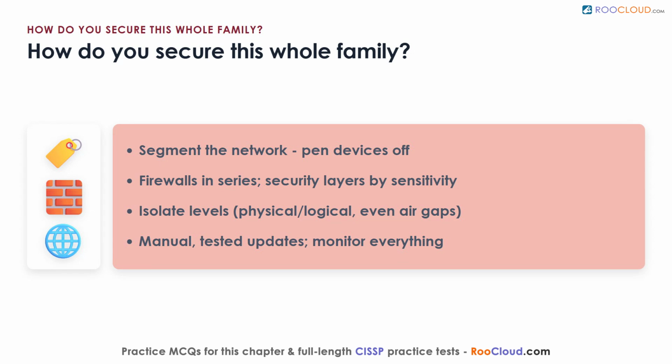Group devices into security layers by sensitivity and use physical or logical isolation, even air gaps between levels. Apply firmware and software updates only manually after careful testing so no untested change slips in. Monitor everything for performance, violations, and compliance. This layered defense is your safeguard, because every single control has a flaw waiting to be found.